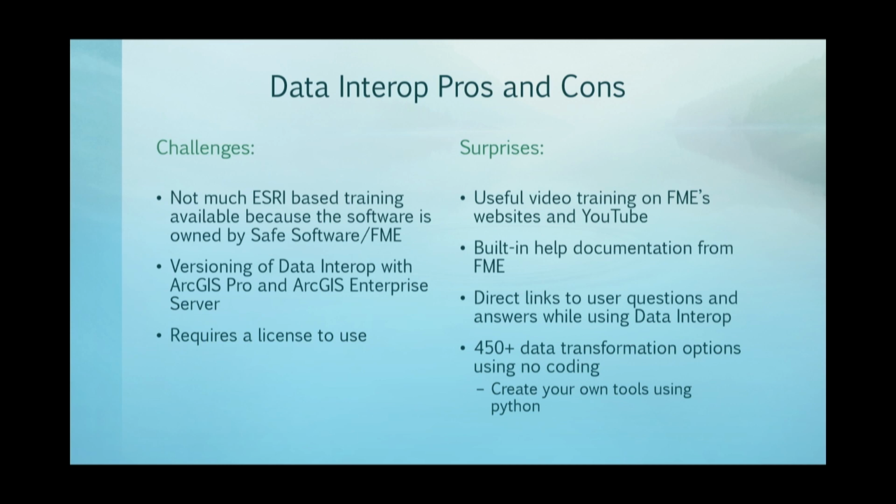So it's a really useful amount of documentation out there for it. And it's kind of similar to ModelBuilder in its use, but it has over 450 different data transformation options that are very much no code or very low coding. But for those coders out there, you can also create Python code within it as well.